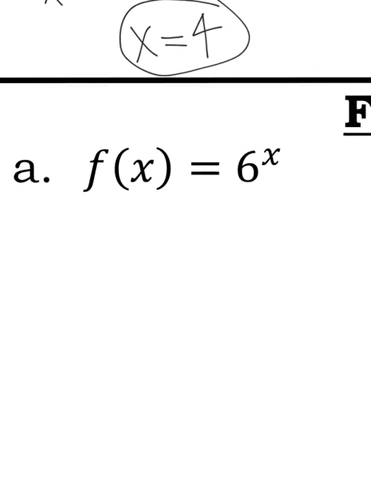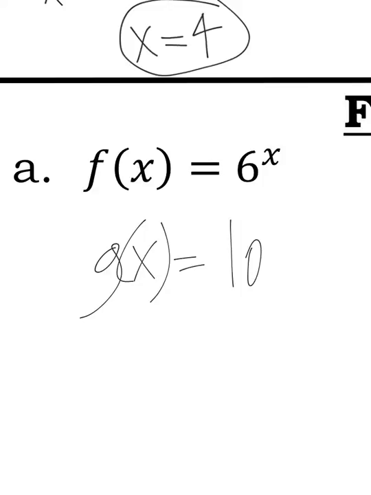So the answer is g of x equals log base 6 of x. That's what I mean. It's a confusing concept. The answer is really easy. I have 6 to the power of x. The inverse of that would be log base 6 of x. That's it.